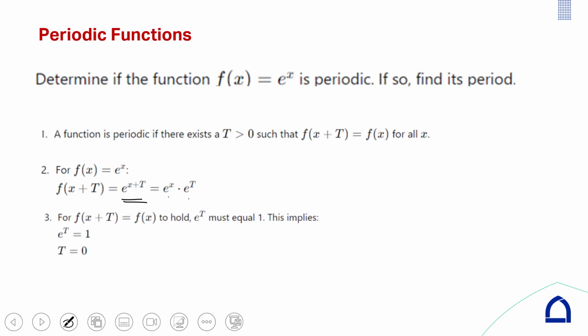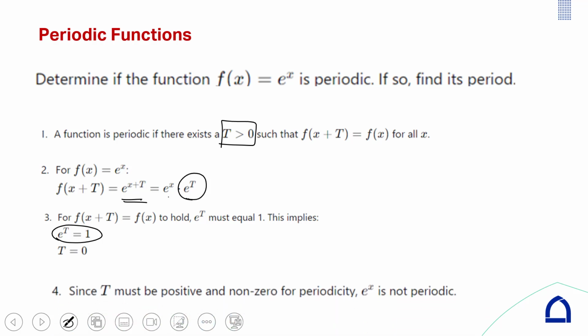So these two are equal to e to the x only when e to the t is 1, and we know the exponential function equals 1 when the exponent equals 0. And we mentioned the period mustn't be 0. So e to the x is not a periodic function.